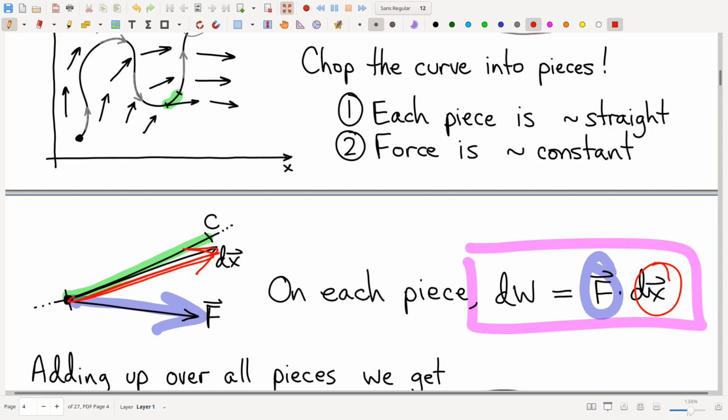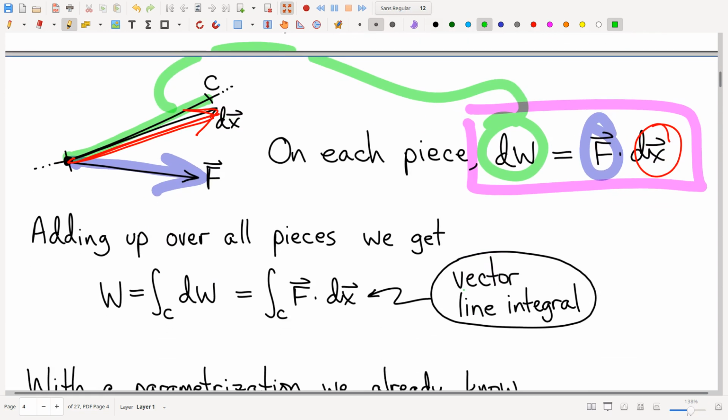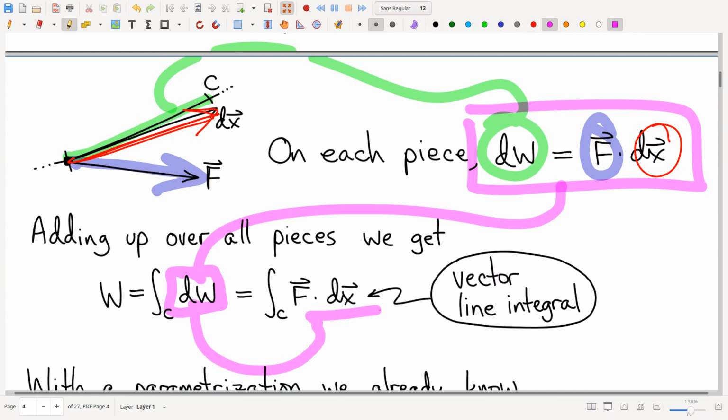That's how much work it takes to move along this little piece of curve, which I will do like that. Yeah, everybody okay? Chop it up, add it up. So adding this up along all the pieces. That's just plugging in what the formula is for dW.